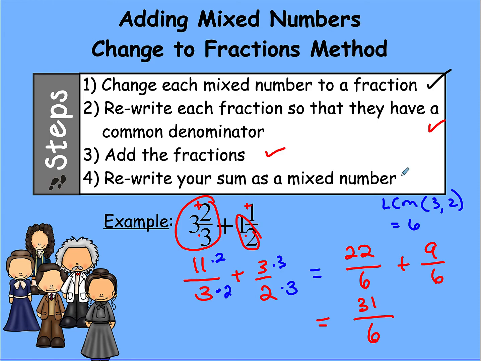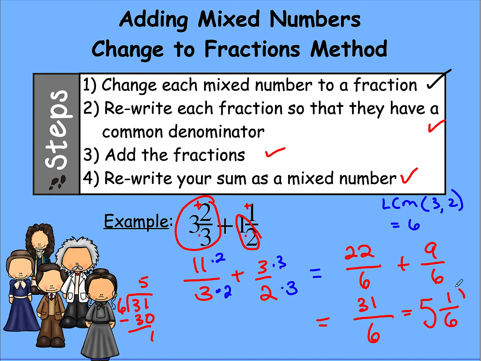And now I'm going to rewrite my sum as a mixed number because my problem is about mixed numbers. So remember, to do that, we just use long division. 31 goes into 6 5 times. 5 times 6 is 30, and my remainder is 1. So that means the whole number is 5. Denominator stays as 6.